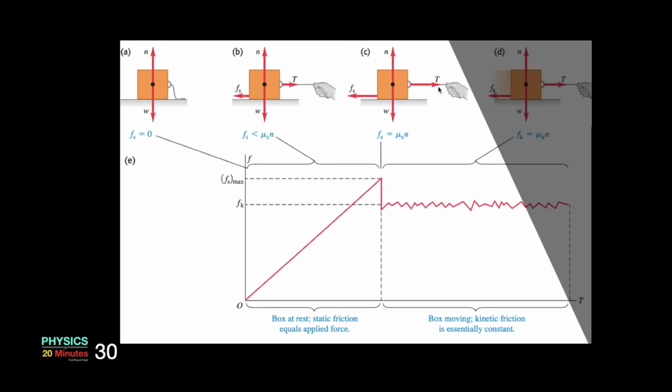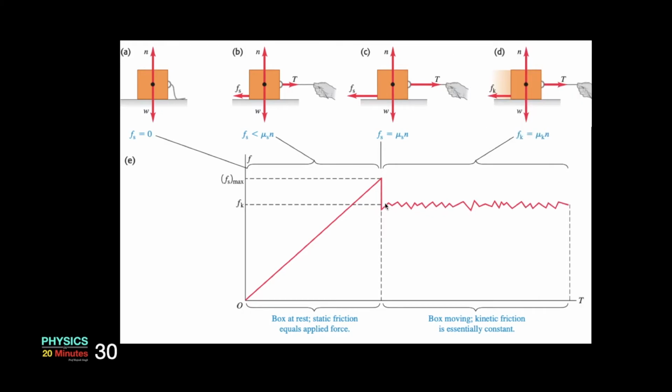As the block starts moving, you come into the domain of kinetic friction, which is generally a little less than the static friction. The kinetic friction has slight variations in itself, but we assume that its average value remains the same as the tension increases and the velocity of the block increases.